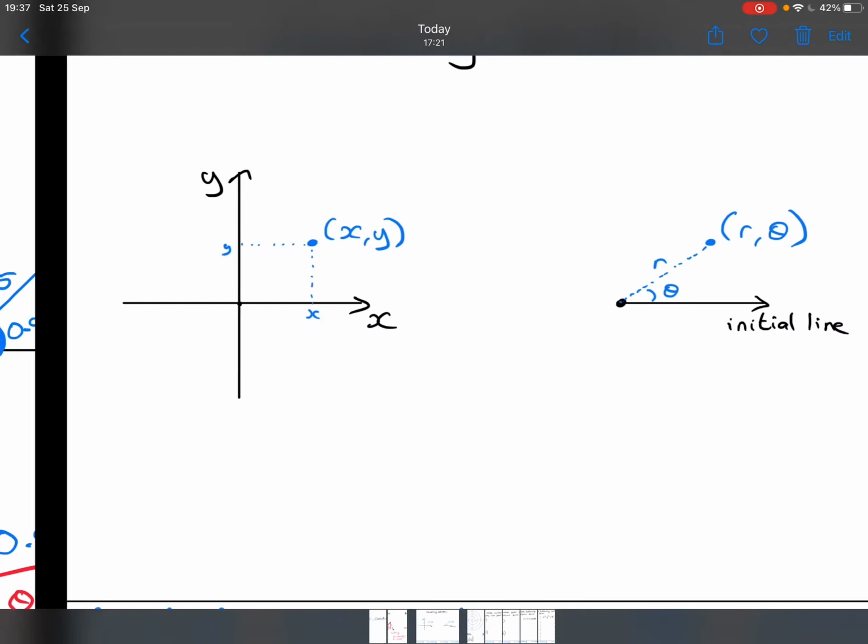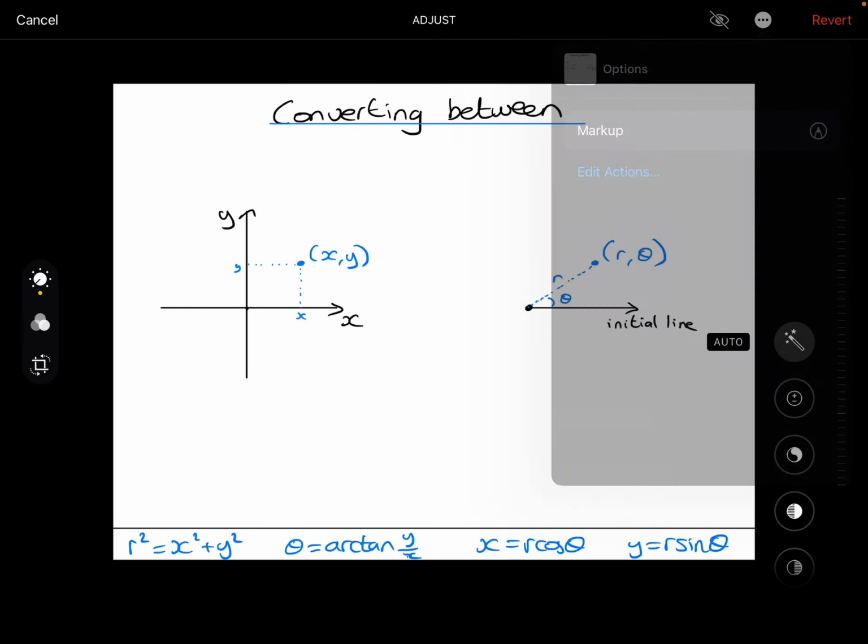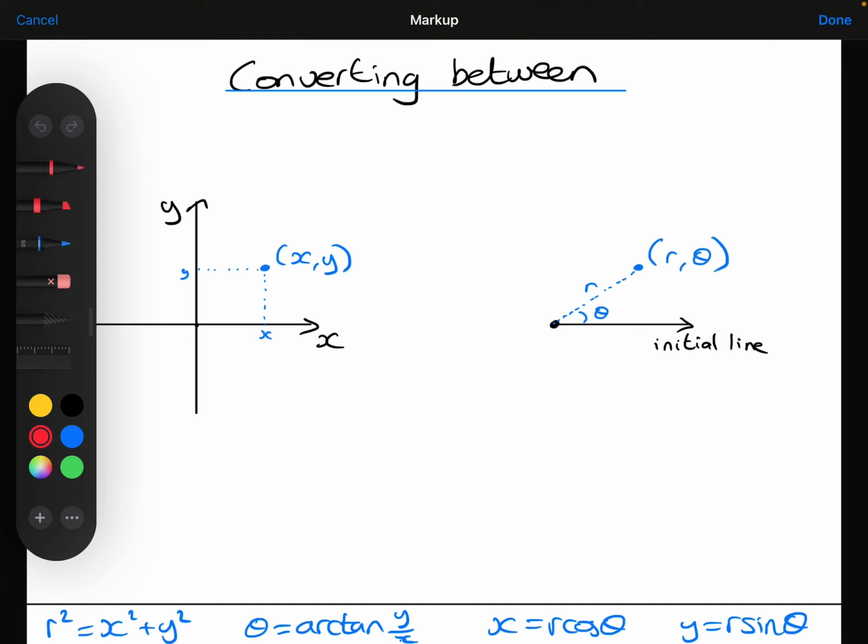So let's talk a bit more generally about how we can convert between coordinate systems. If I have a coordinate (x, y) in Cartesian form and I want to convert it into polar form, into (r, theta) form, I know I've got this right-angled triangle where this is x, this is y, and this is r.